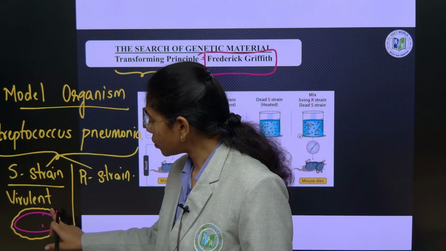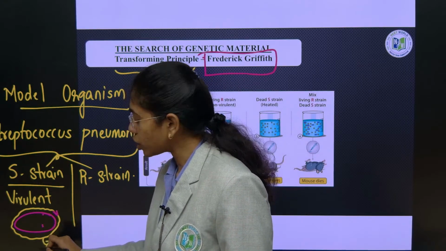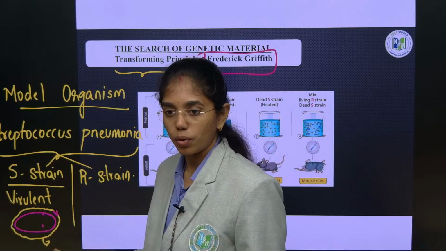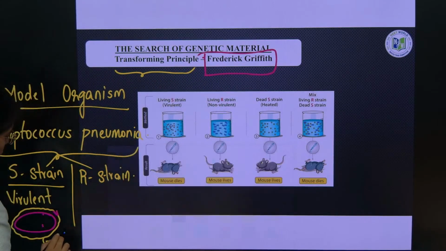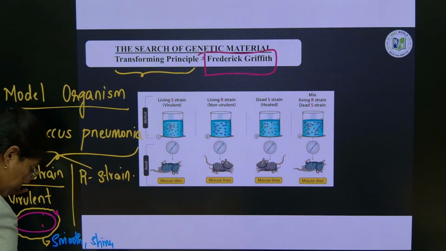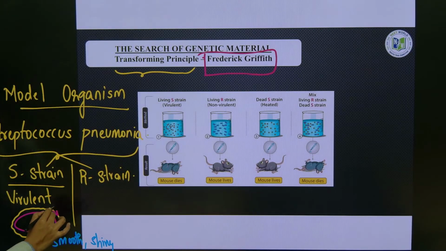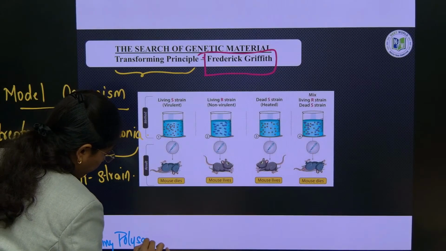So this S strain is the virulent strain, because it has a smooth shiny polysaccharide coat.